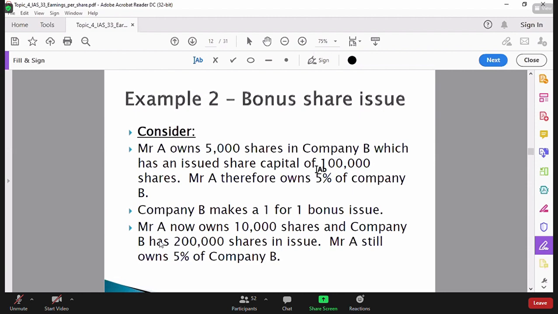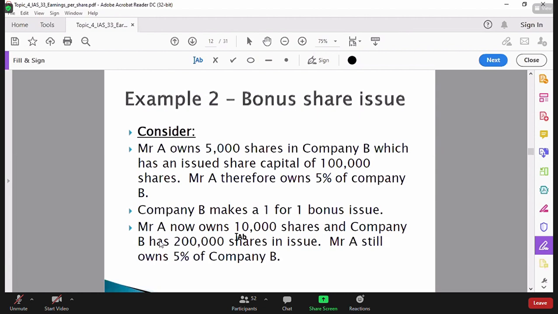Before this, the company had 100,000 shares. Because of the bonus issue, now the company has 200,000 shares. Do you understand? So 10,000 divided by 200,000, meaning Mr. A still owns only 5% of the company. Even though the number of shares increased, the holding percentage is still the same.